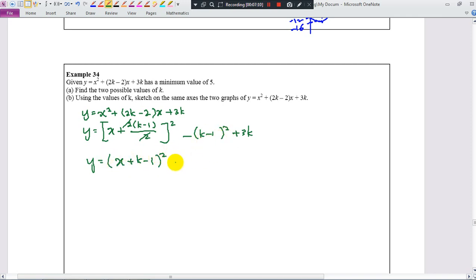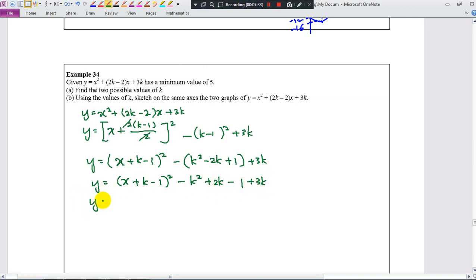Here do some expansion. Remember to put a parenthesis. k squared minus 2k plus 1, plus 3k. So I bring the negative, open up this parenthesis: negative k squared plus 2k minus 1 plus 3k.